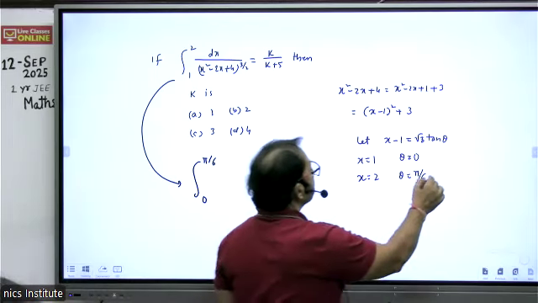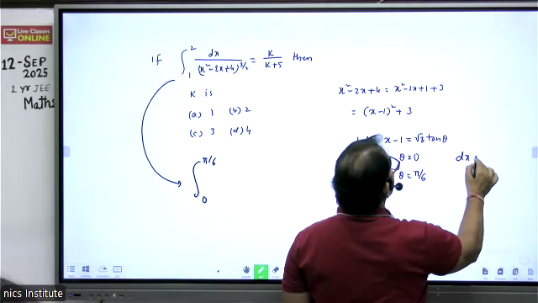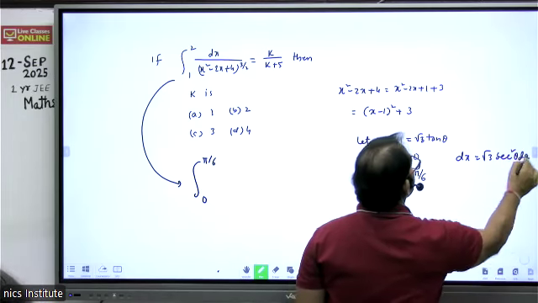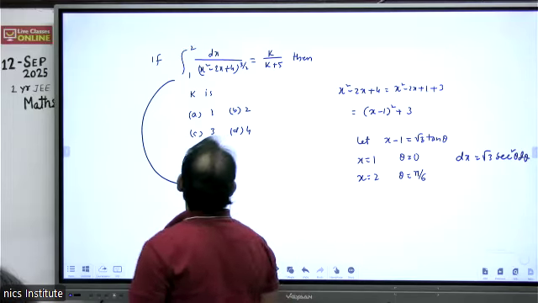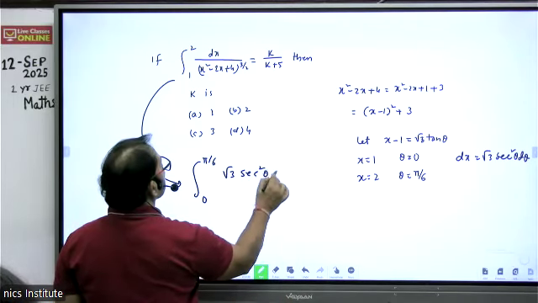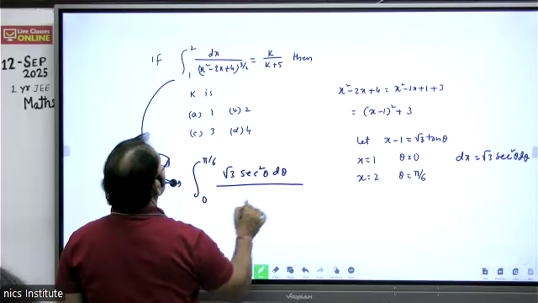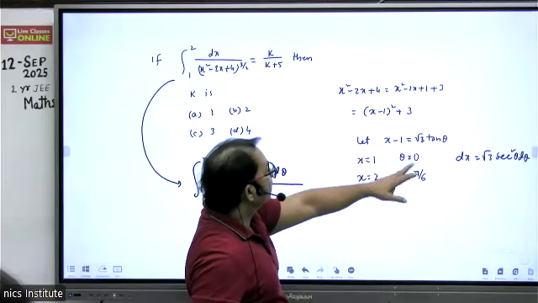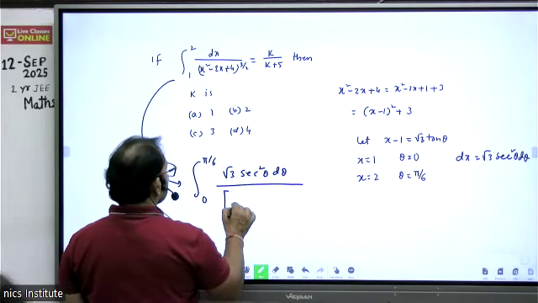Dx, what is dx? Root 3 sec square theta d theta. What about denominator? In place of x minus 1, we have root 3 tan theta.